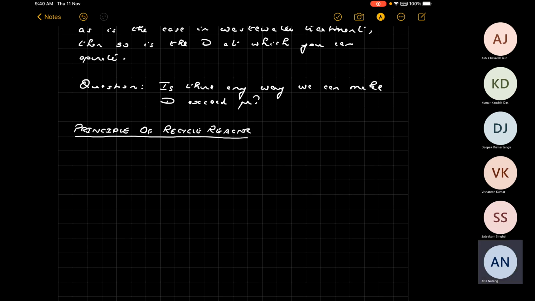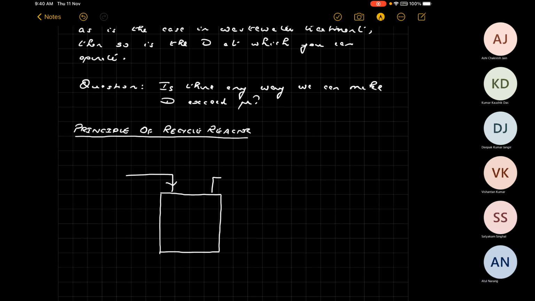The principle behind it is really, really simple. If this is your chemostat, with some flow in and some flow out.